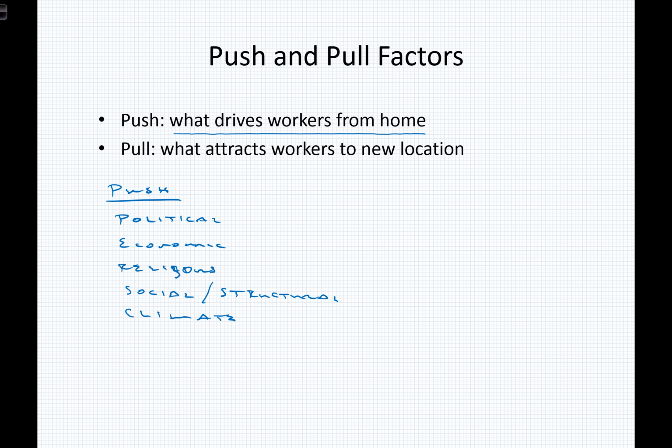If I am freedom-loving and I live in a part of the world that has gone from being relatively open to somewhat totalitarian, as we've seen in parts of the Middle East, perhaps, and other parts of North Africa, then maybe I have some push to get me out of those nations, and we clearly see that.